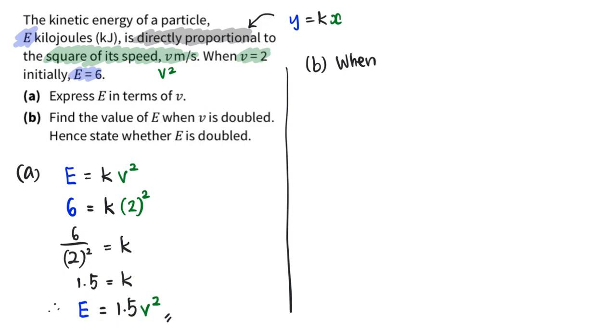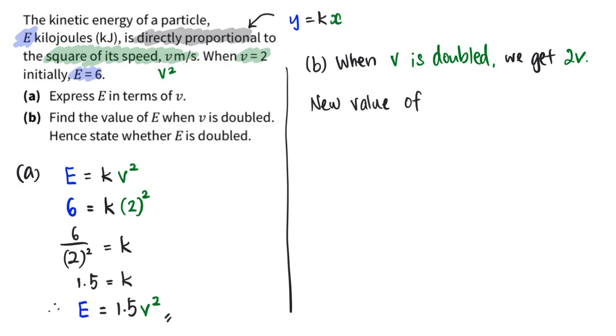So when V is doubled, we get 2 times V, right? And so we are now going to find the new value of our E using the equation here.